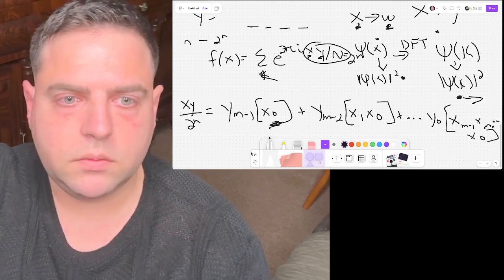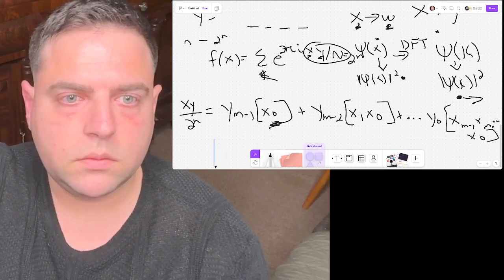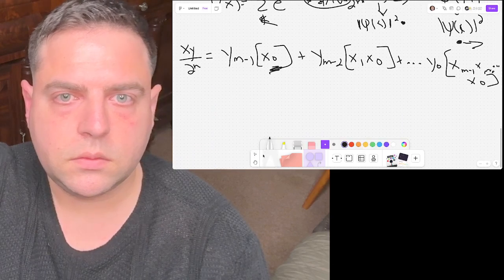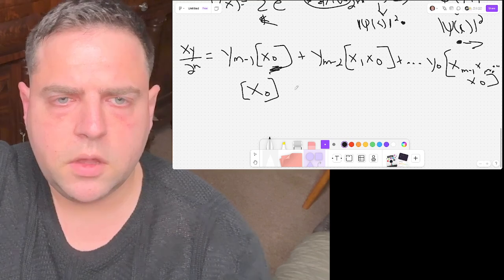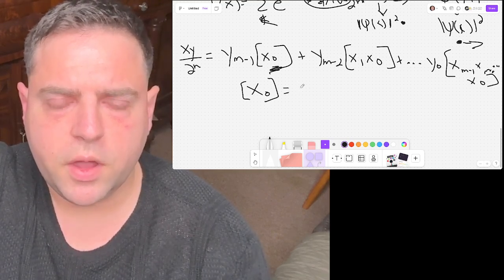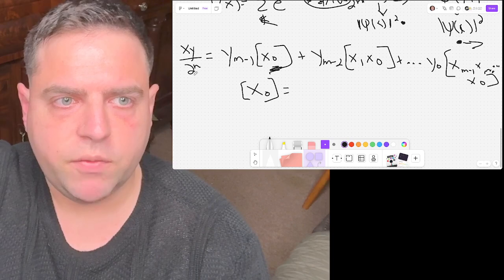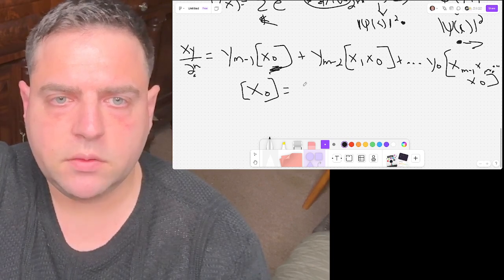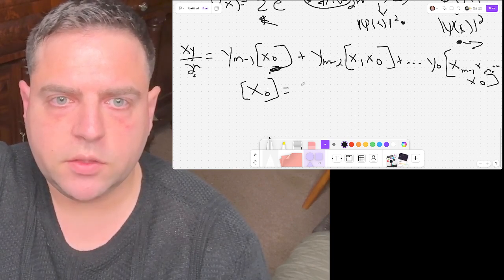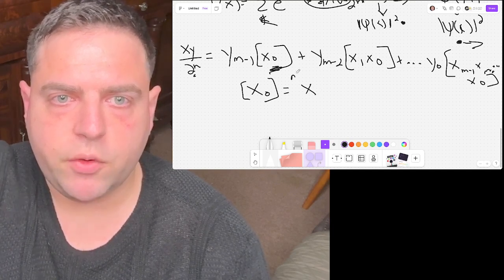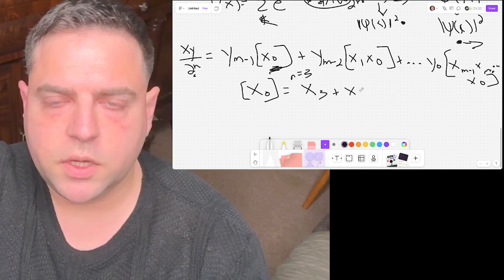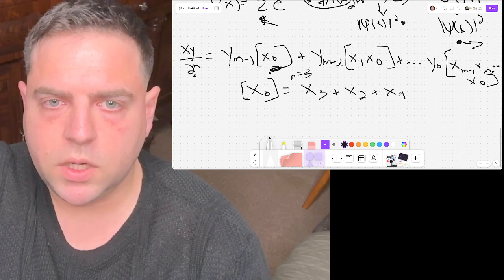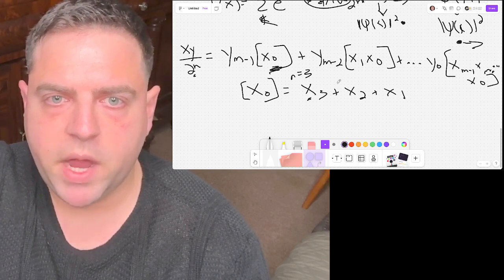x of 0. And what's this? This is the binary expansion of x divided by 2 to the n. So it's going to look like this. Let's say n equals 3. Then we're going to have x3 plus x2 plus x1, where this is the biggest digit in the binary.